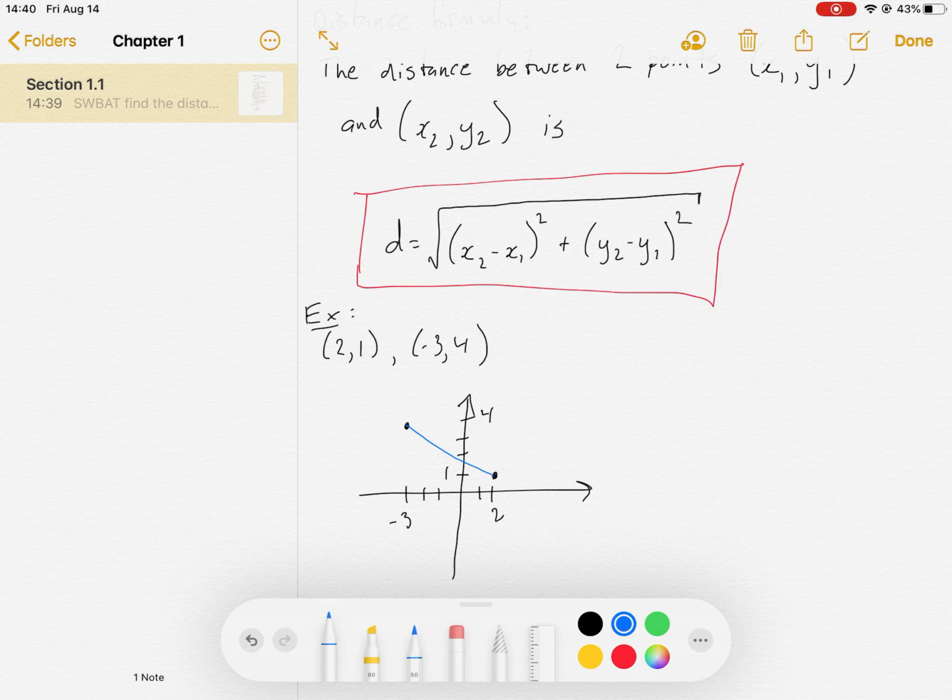Now, in order to figure this out, a long time ago, probably the Greeks, I'm not sure who did this, but someone said, hey, look, if I drop this line down to here and then I drop this line down to here, that actually looks like a right triangle. And luckily, some fellow named Pythagoras came up with something called the Pythagorean theorem.